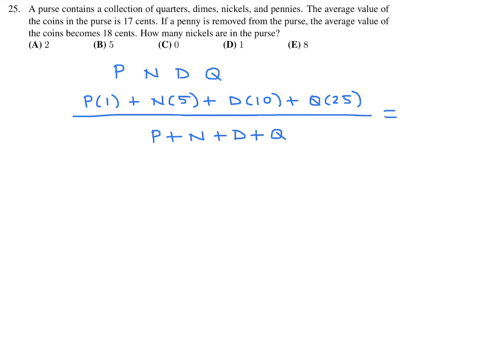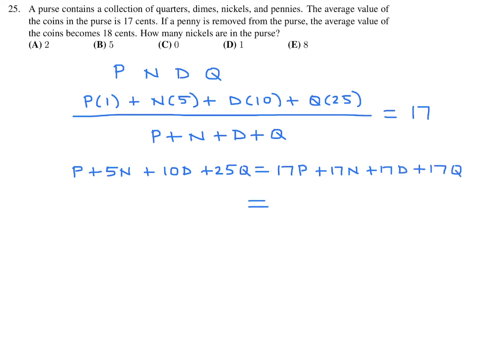And they say that when you do that, you get 17 as your average. All right, so that's your first equation. I'll multiply this out, and I'll get P plus 5N plus 10D plus 25Q is equal to 17P plus 17N plus 17D plus 17Q.